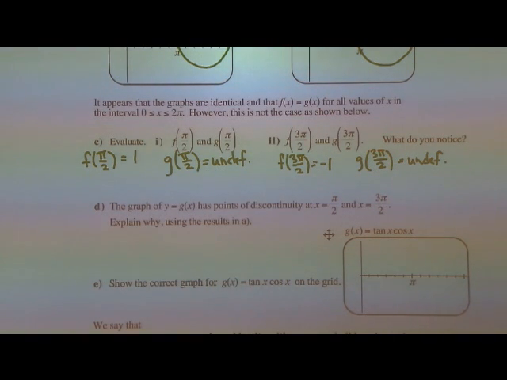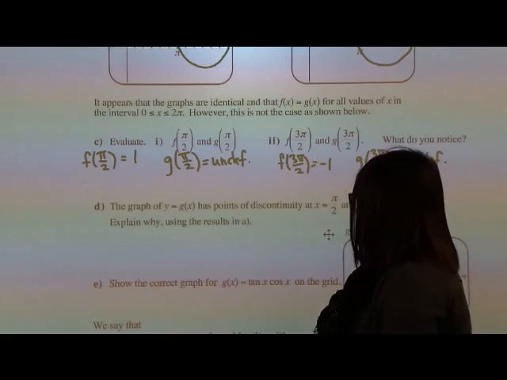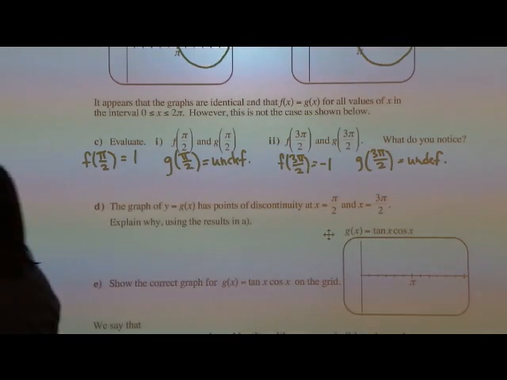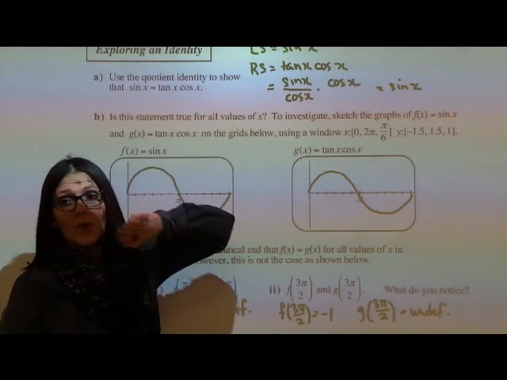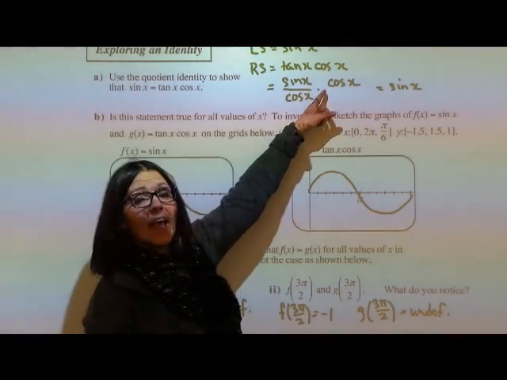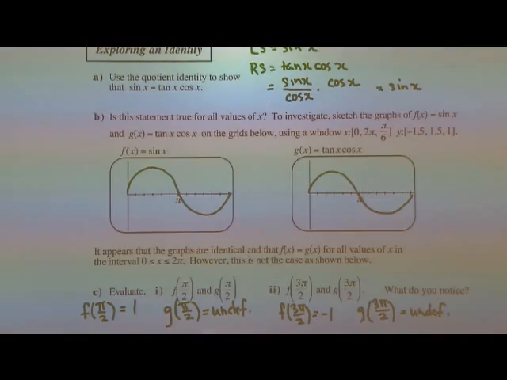Well, why do I have these points of discontinuity? What is going on in this graph that is causing these gaps? It says, explain why using the results from A. So if we go back up to A, when we were doing the proof, what did we do with tan? What did we change tan into?